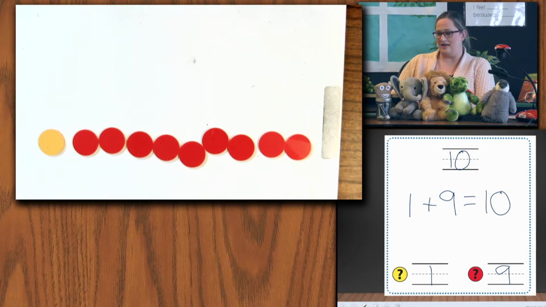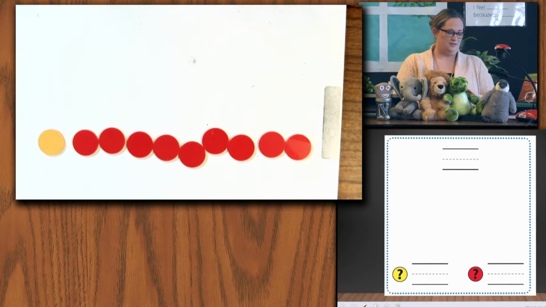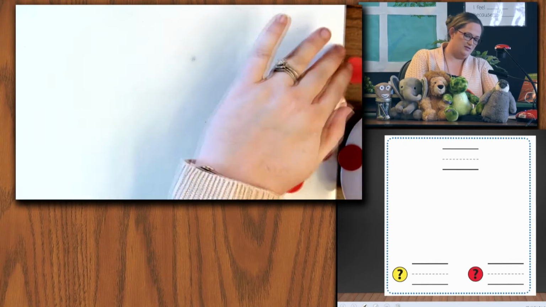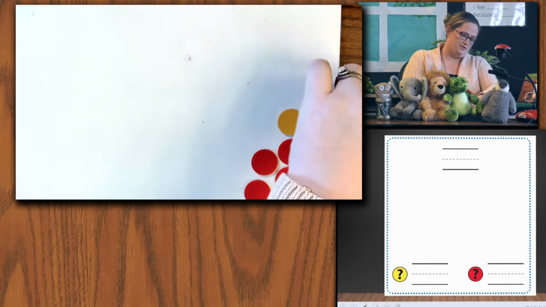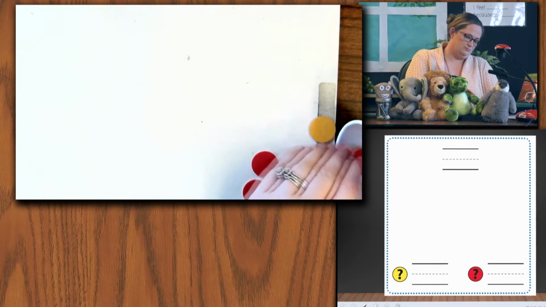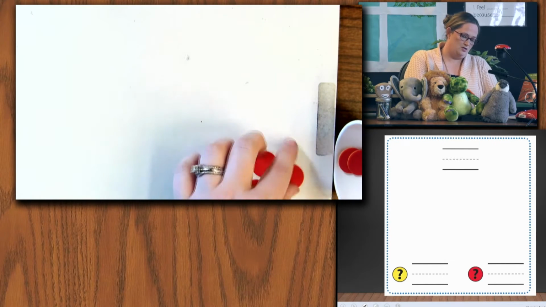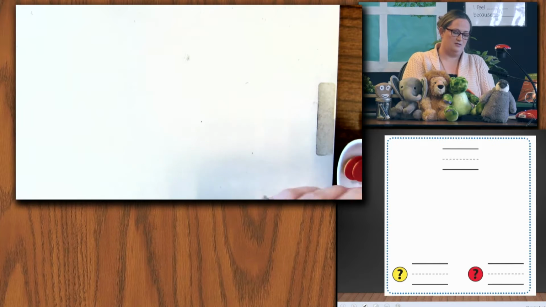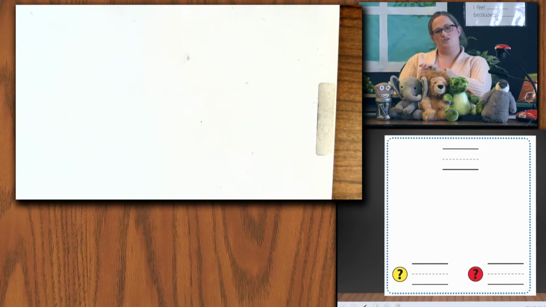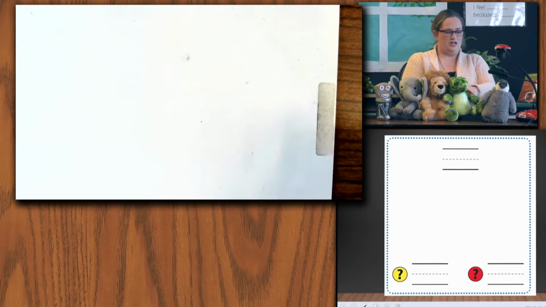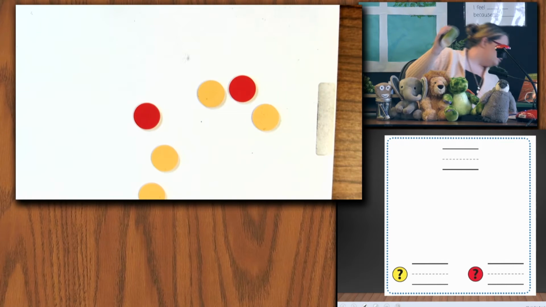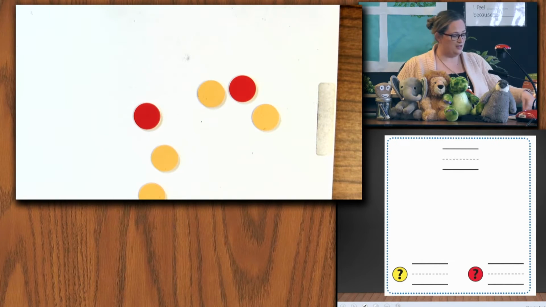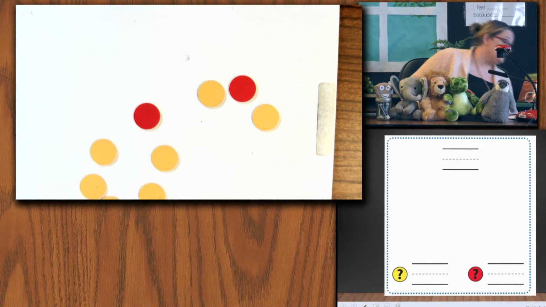Okay, reset. Okay, counters, back in the cup you go. Okay, are you ready? Shake, shake, shake. Oh no, one of them landed on the floor, but I'm gonna look and see.